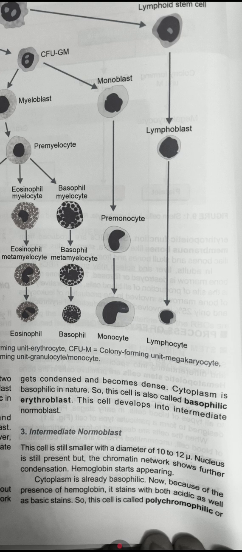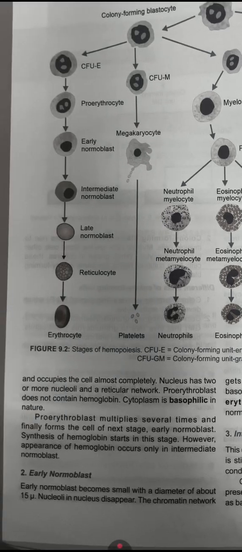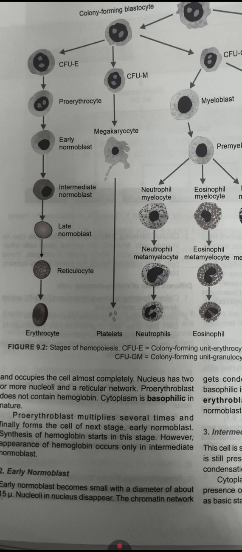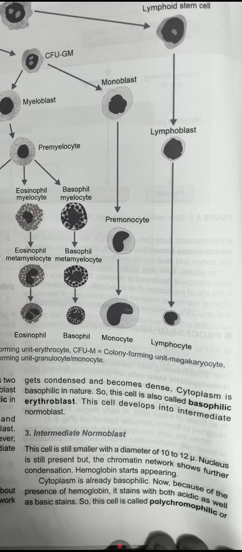Cytoplasm is already basophilic. Now because of the presence of hemoglobin, it is stained with both acidic as well as basic stain. So this cell is called polychromophilic. See, the first two stages are basophilic. Even in the second stage the cell is taking only basic stain, so it's basophilic.